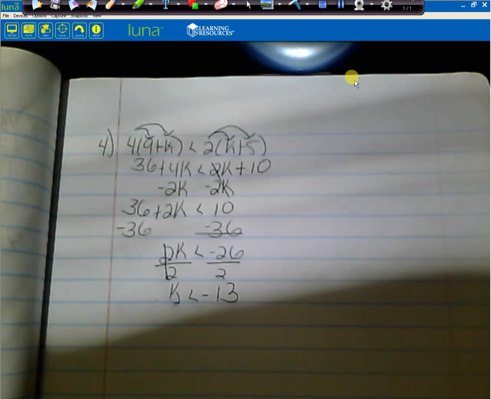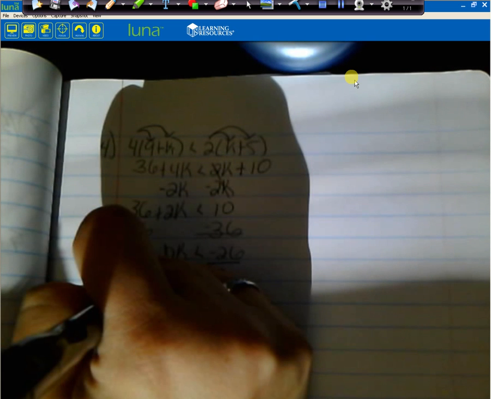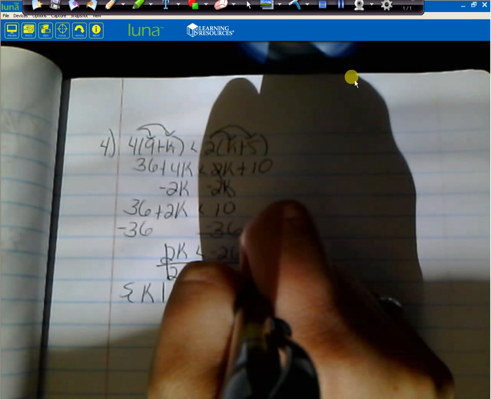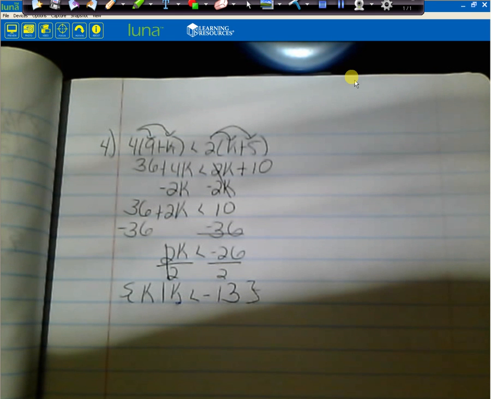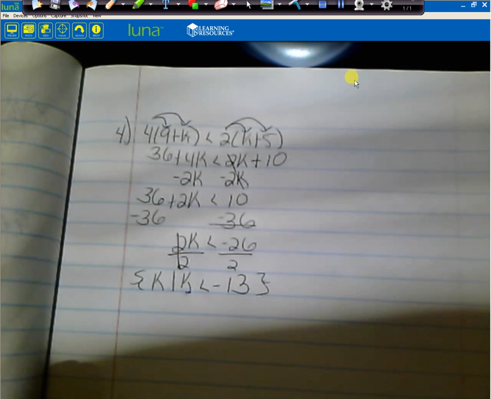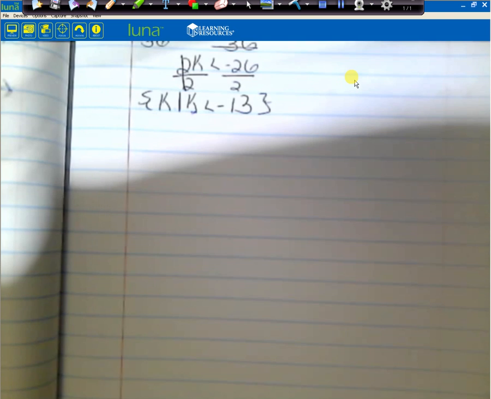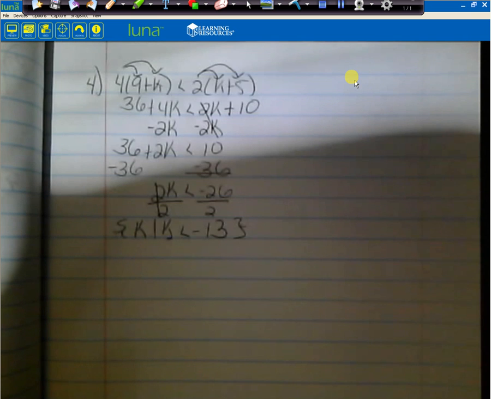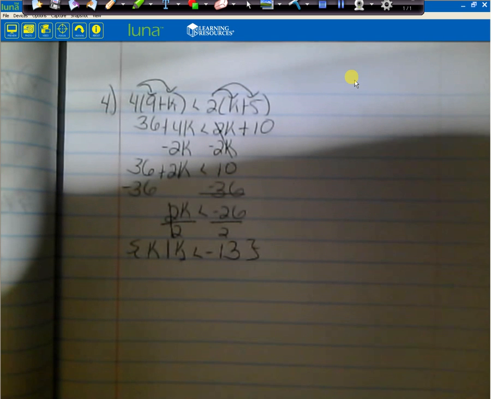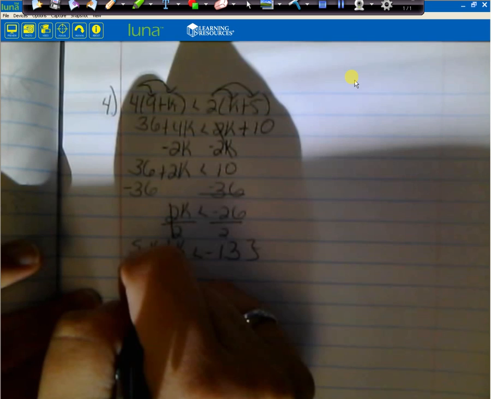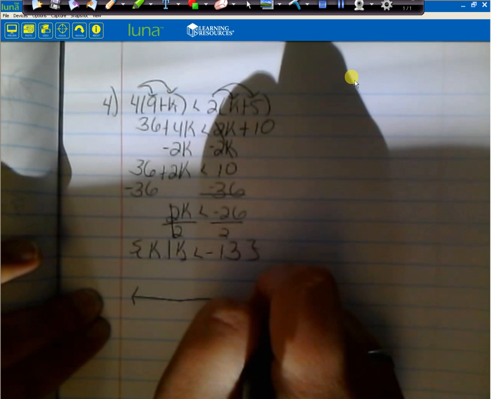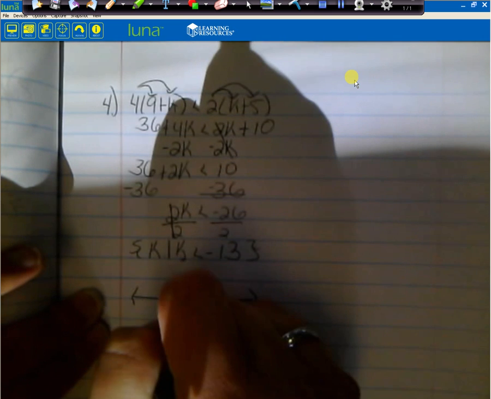So now that I've solved it, I'm going to set it with my squigglies and my k such that. So I've solved it and I've set it. Now I'm going to graph it. So I'm going to draw my number line, put my negative 13 in the middle.